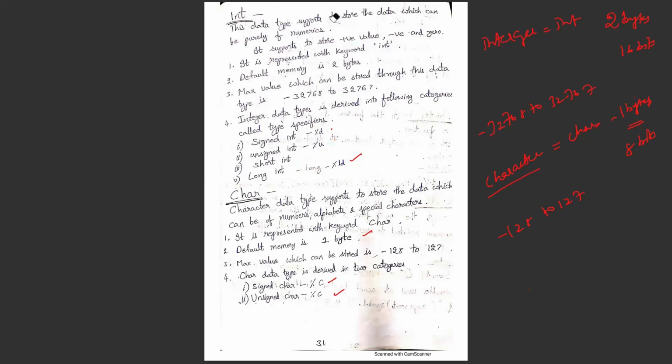Then we have float, void, double. Let us learn them as well. This is float. This data type supports storing values which are purely numeric. It can store integers, decimal values, or both, that is real values. Just see here, I'll declare float a equals 10.